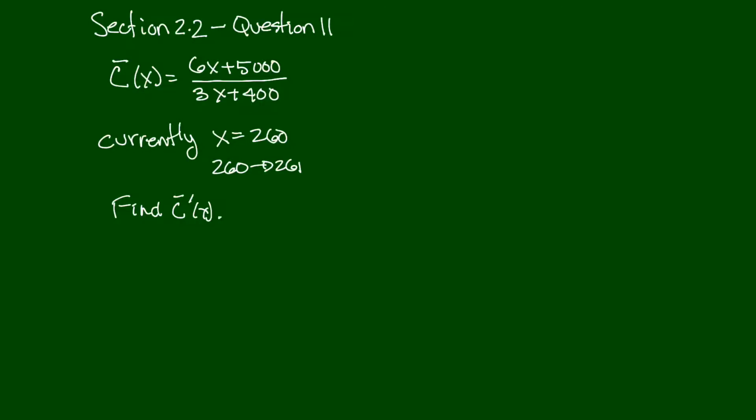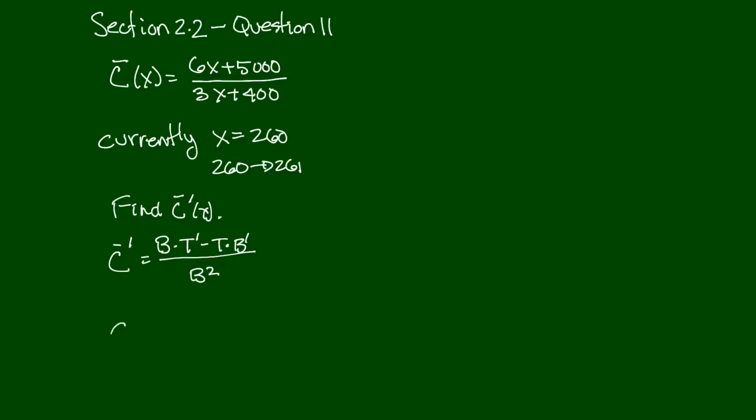Now it's the derivative, and what we have here is a quotient, so we're going to use the quotient rule, so I'm going to write it this way. C bar prime will be the bottom times the derivative of the top minus the top times the derivative of the bottom, all over that bottom squared.